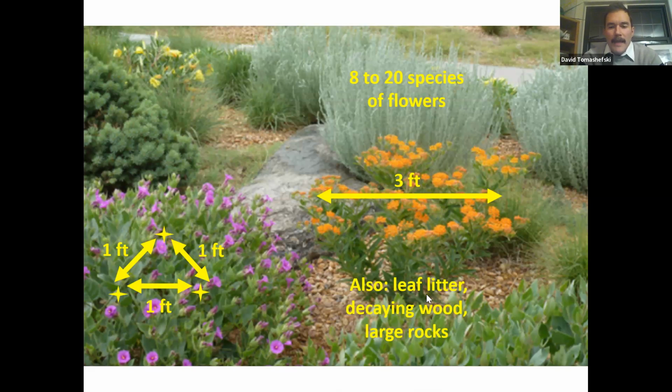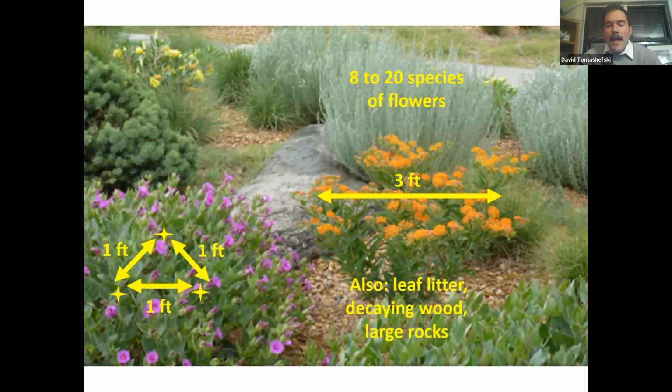Finally, you want to pay attention to those other landscaping objects we were talking about, such as the leaf litter. But a couple more I would mention include large rocks and decaying wood. Both of these are going to serve as other substrates where certain caterpillar species like to undergo their cocoon stage.